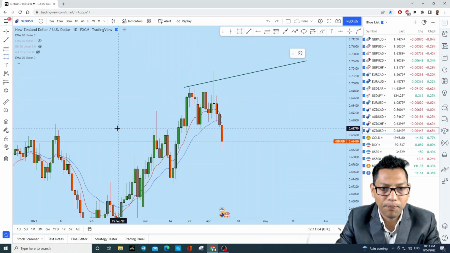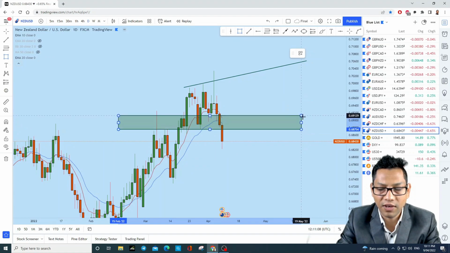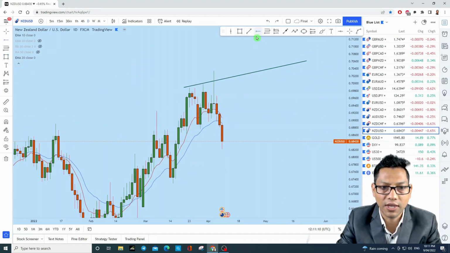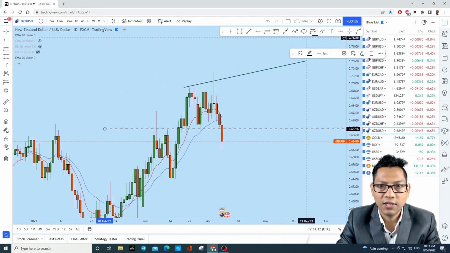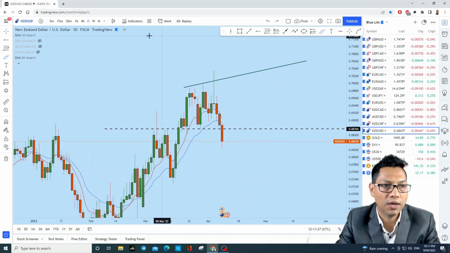Now to me, the best zone to sell NZDUSD from this level. Okay, let me draw this level so you can see that. So you see that there is a support here, there is a support here, and created this double top formation, and with that support the price basically likely to test this one as resistance and could drop to the downside.